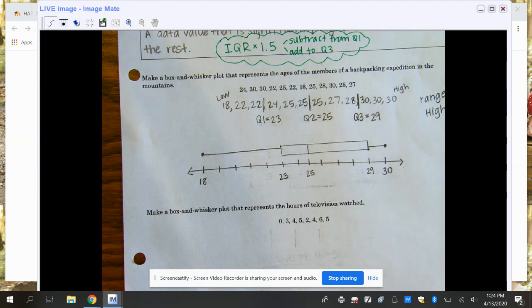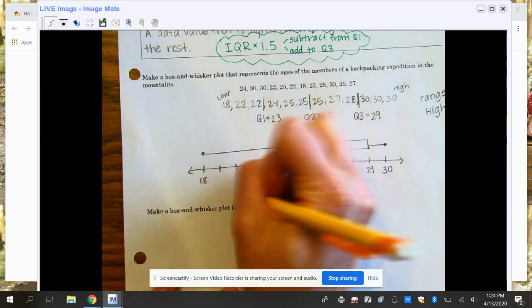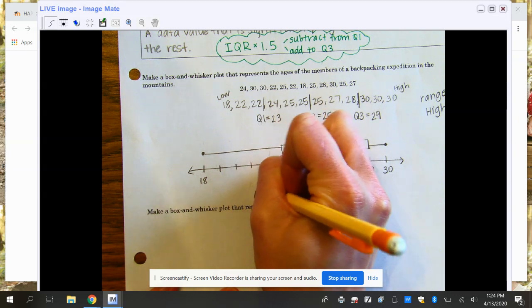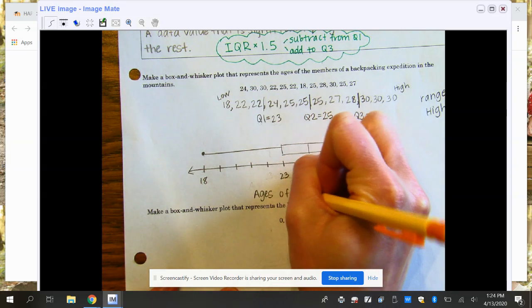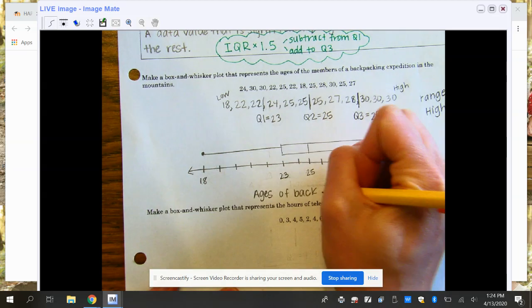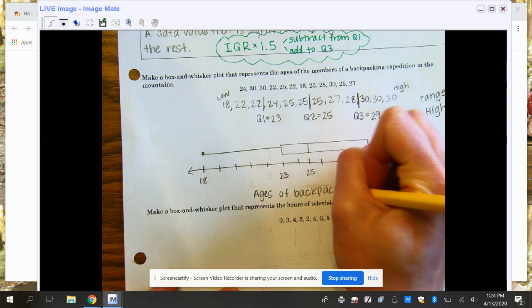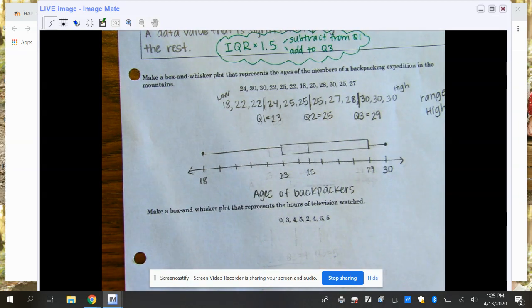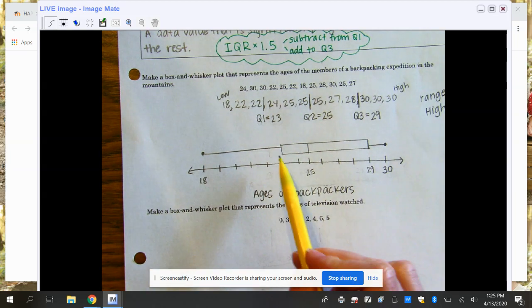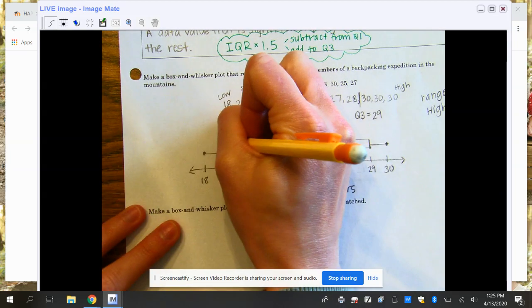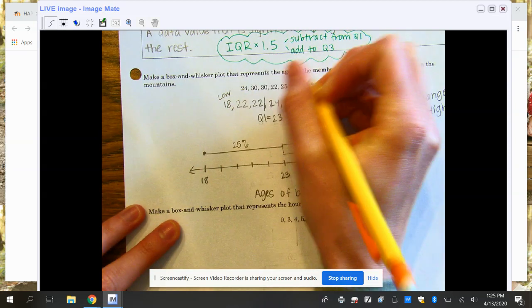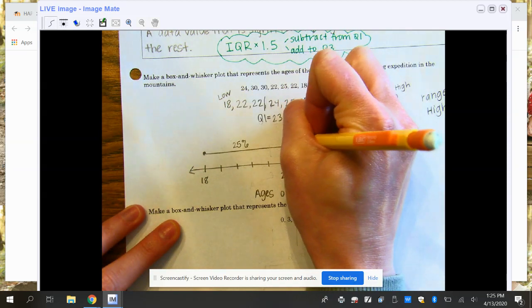All right, so in terms of some of the things that this tells you, and we should probably label this too. So this is ages of backpackers. So we want to know what those numbers mean. And so what this tells you is this breaks our data down into 4 sections.